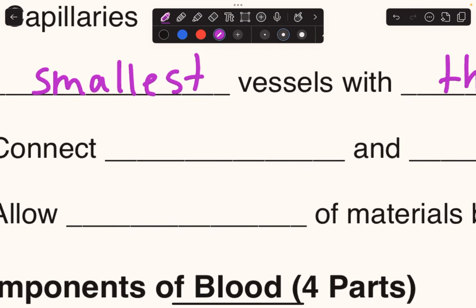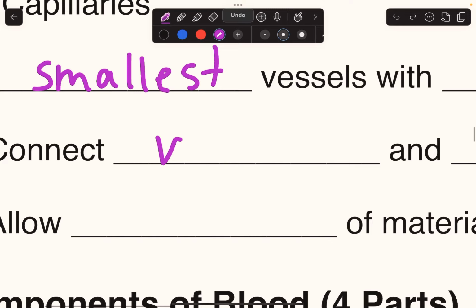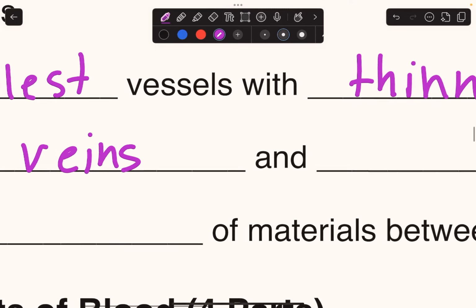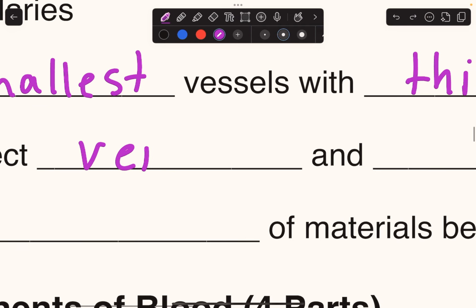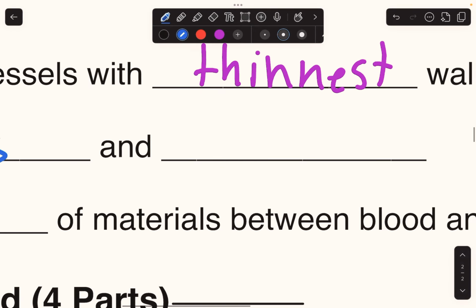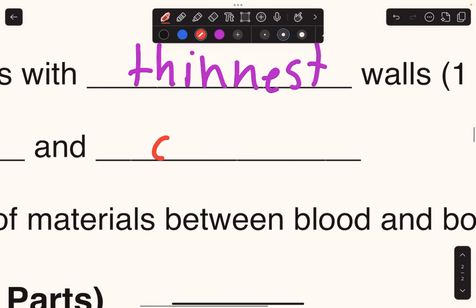They connect veins to arteries. You can write that: veins to arteries.